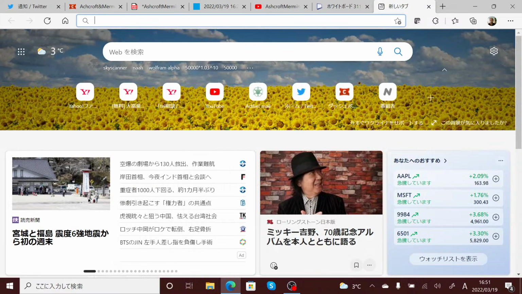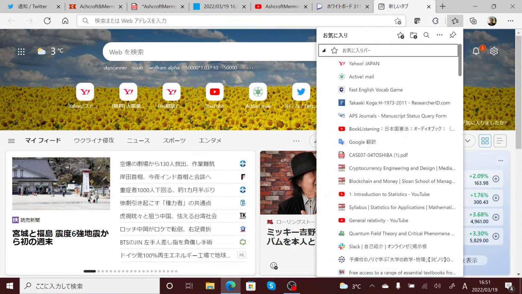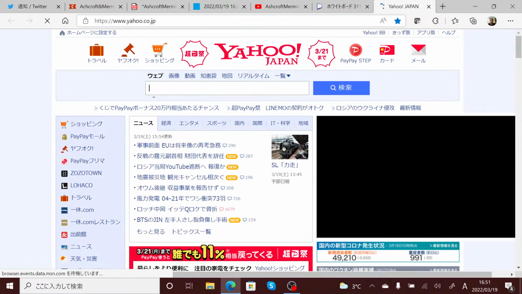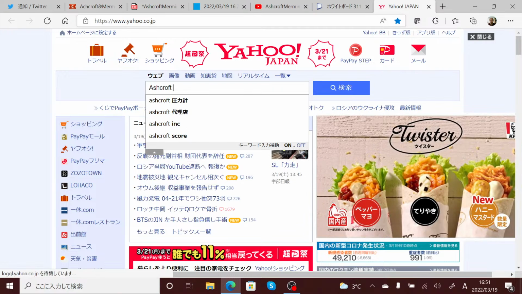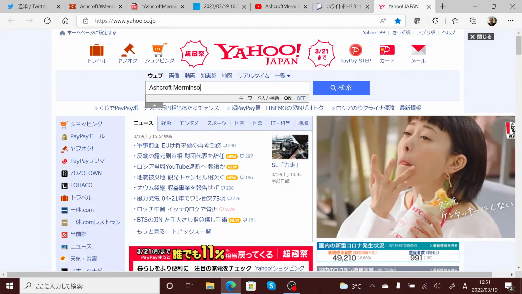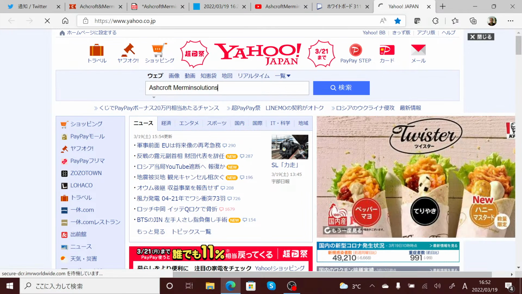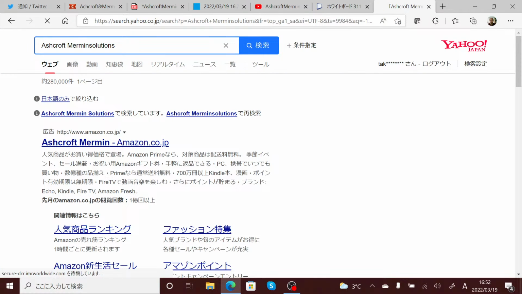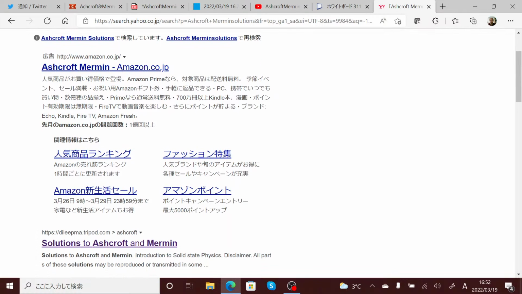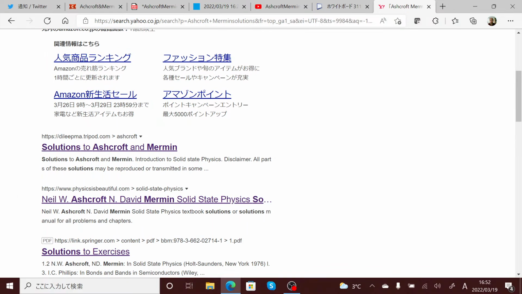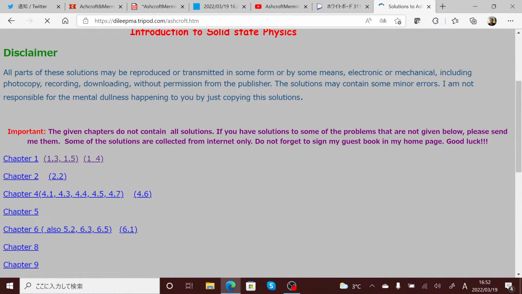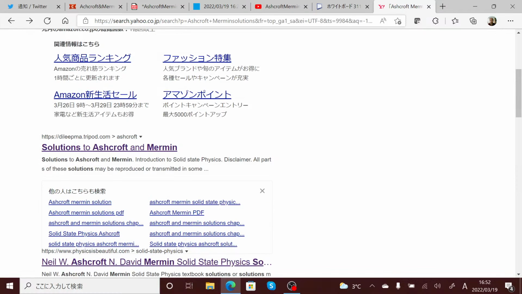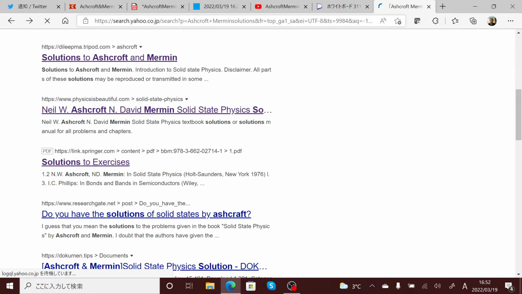Let's see the solution. Ashcroft and Mermin solutions, which is better? Let's see the first one. No solution, chapter 2. Okay, this one.